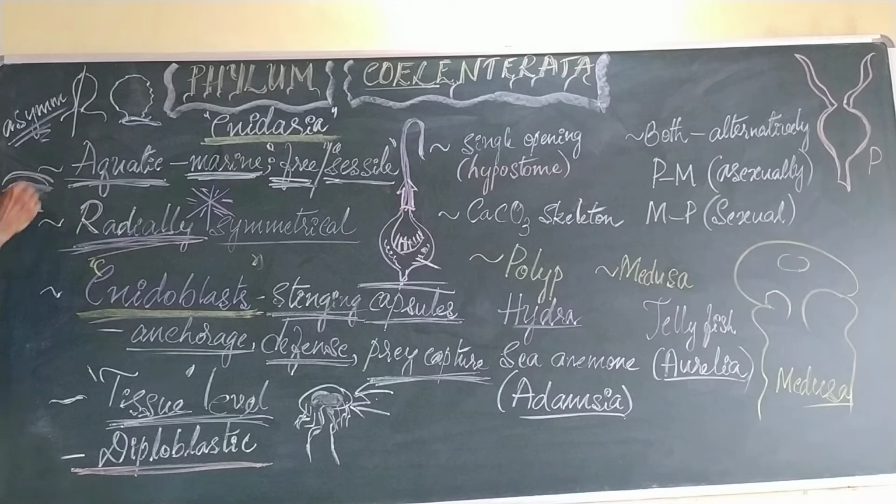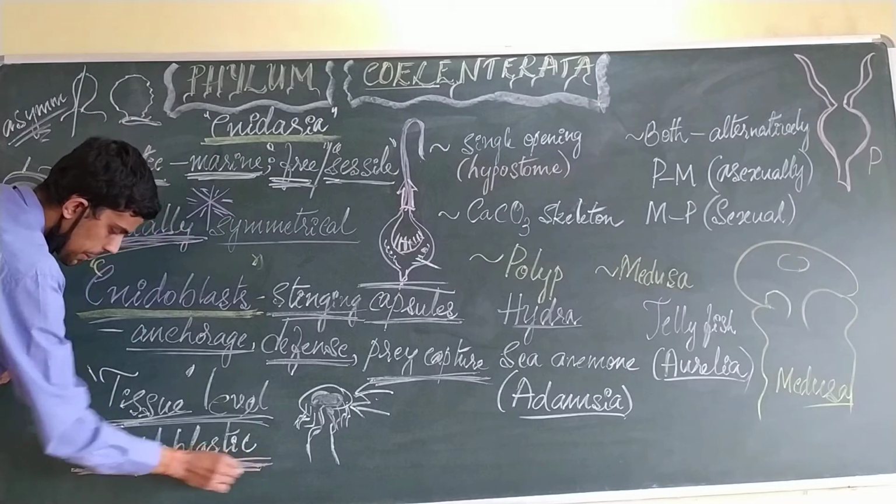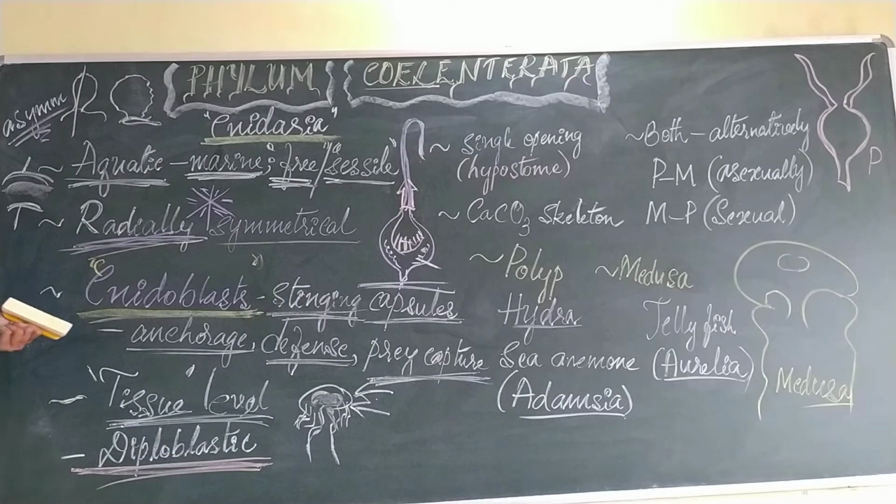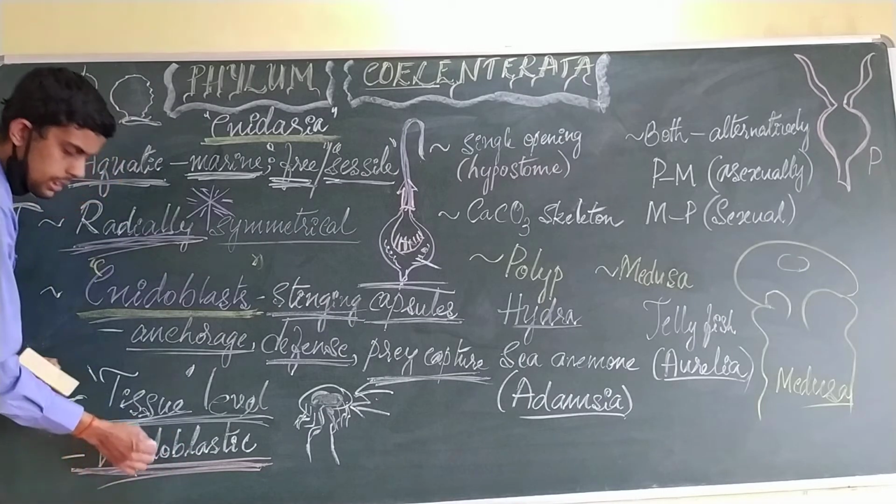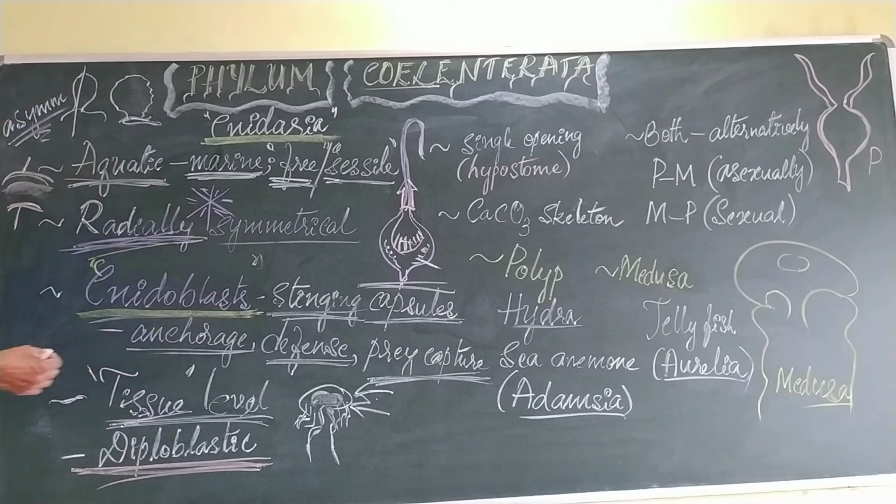Here we find only the external ectoderm and the internal endoderm. There is no mesoderm. So they are said to be diploblastic. Got it? So diploblastic refers to the body cavity being lined by two layers, that is the ectoderm and the endoderm.